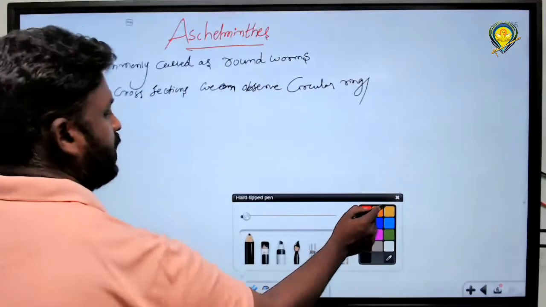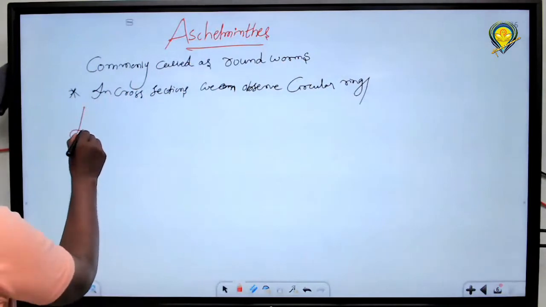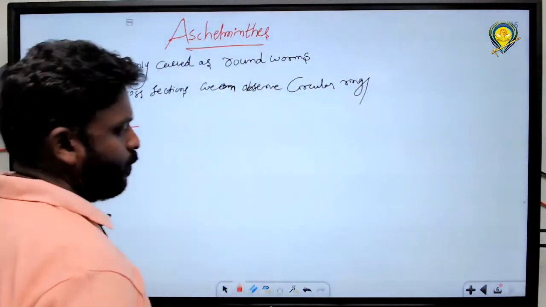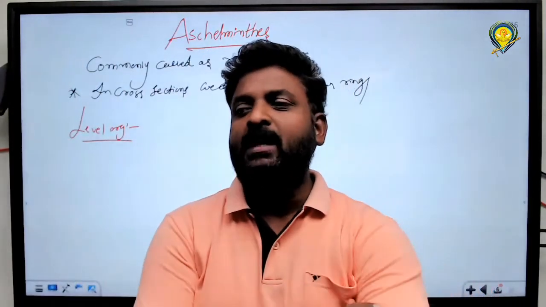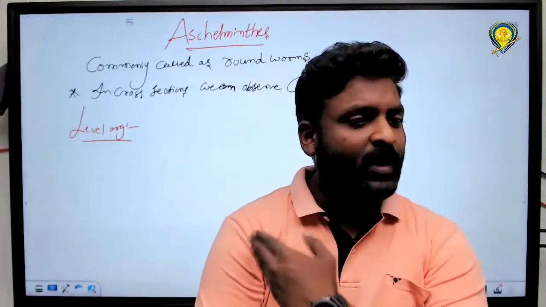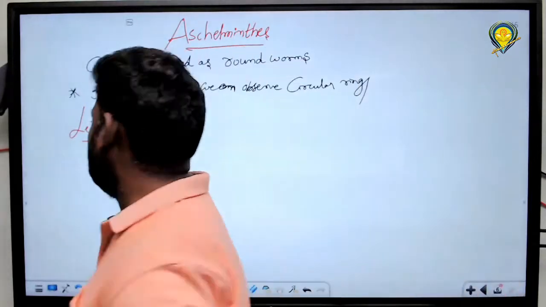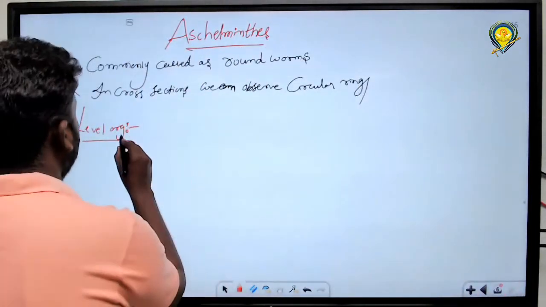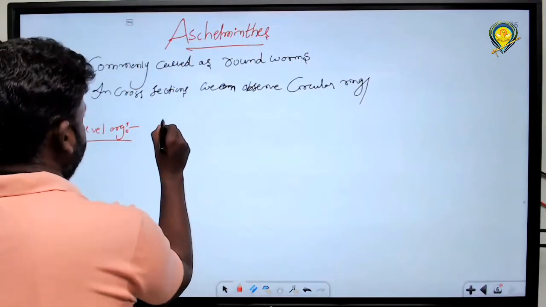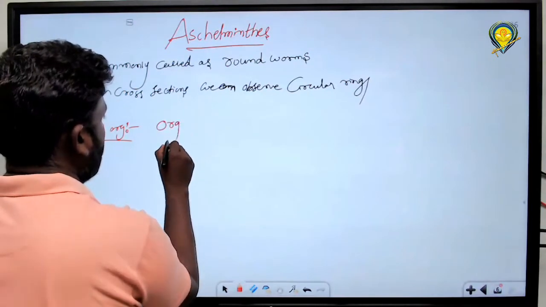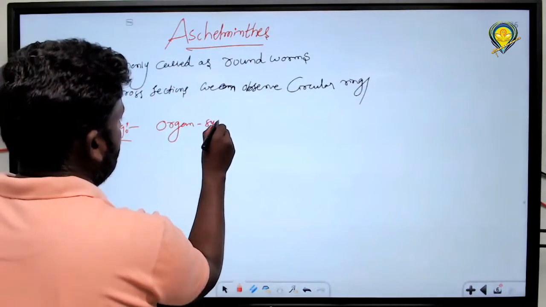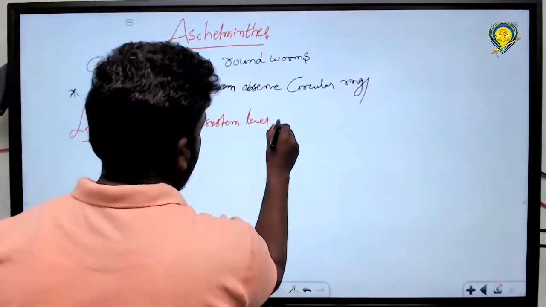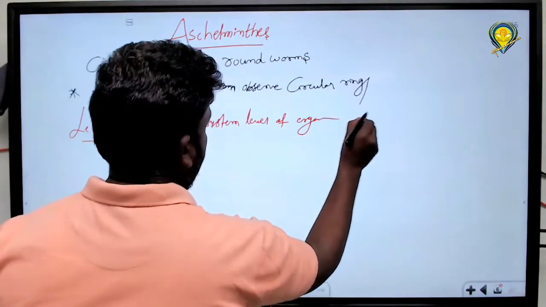Then you have heard about the level of organization. The first animal which exhibits the organ system level of organization is what? Please write it. Organ system level of organization.